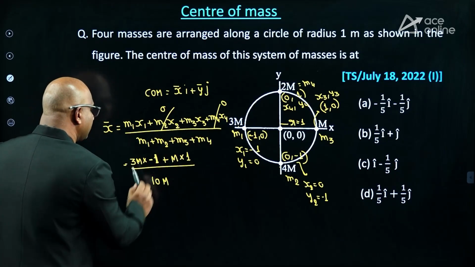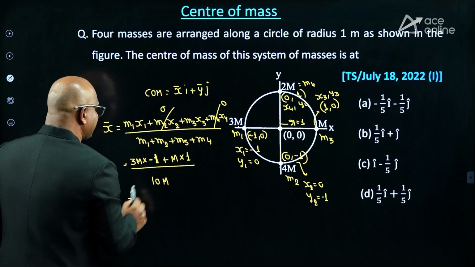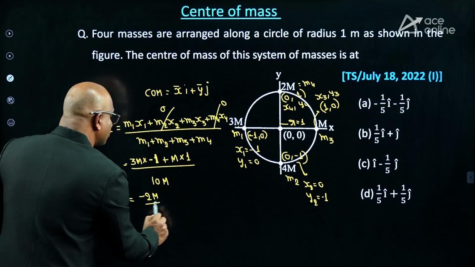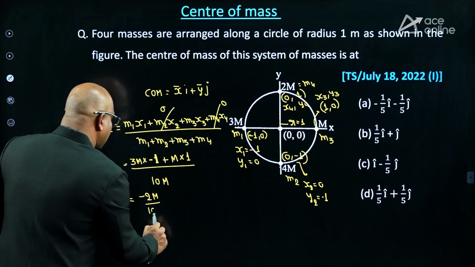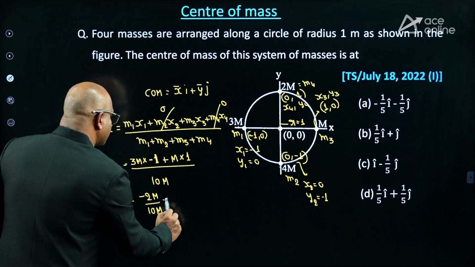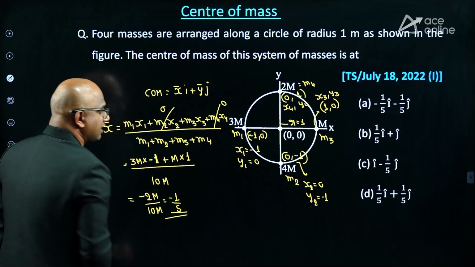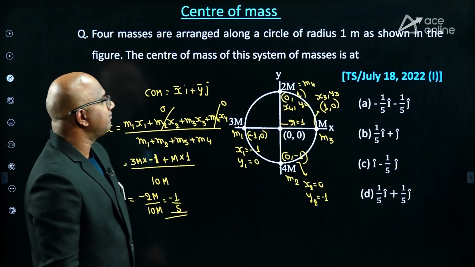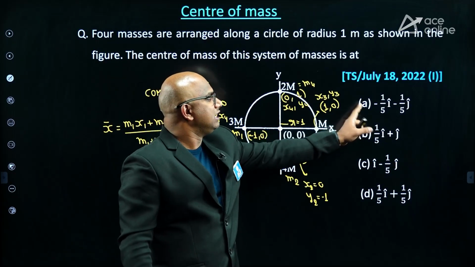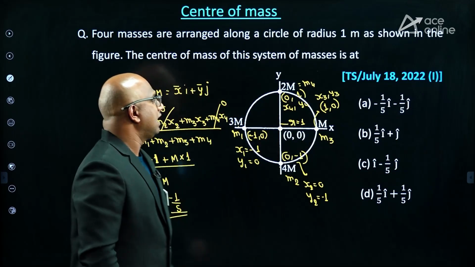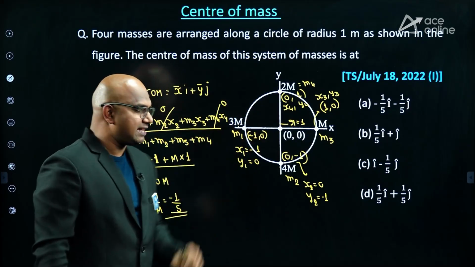How much is coming in the numerator? -2m plus -3m plus m. I'm going to get -2m by 10m, which means -1 by 5 I am going to get guys. If you check, -1 by 5 for x bar is only in option A, I can directly put it. I can directly keep option A as the right answer.